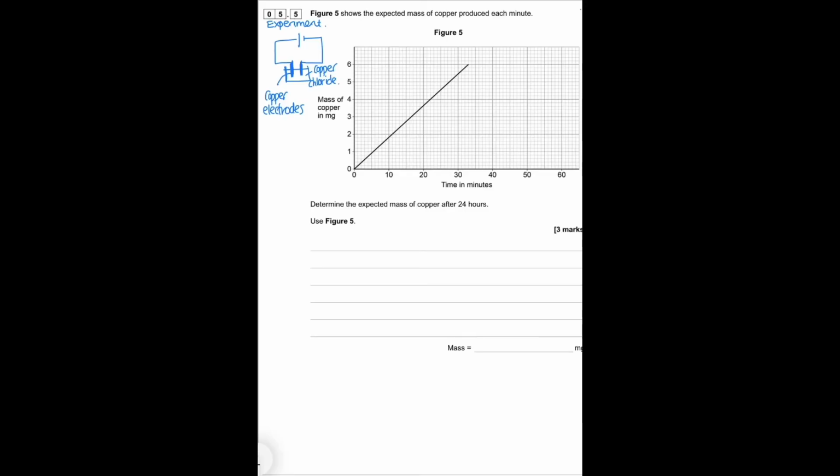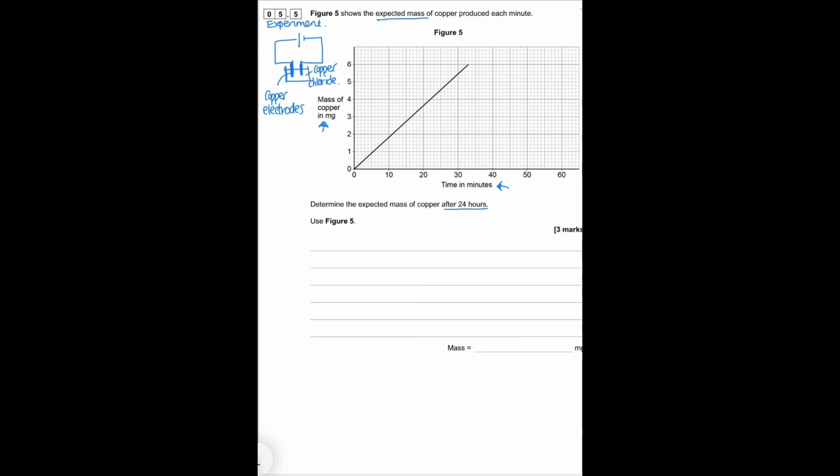Figure 5 shows the expected mass of copper produced each time when we do an experiment where we're electrolysing copper chloride with copper electrodes. So what the diagram shows is our expected mass of copper in milligrams, and that's after certain amounts of time. So we've got to determine the mass of copper after 24 hours.